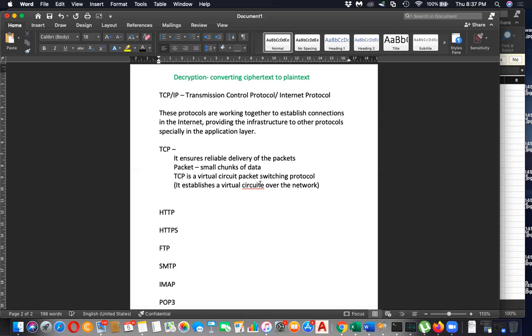In order to give you an idea of what a virtual circuit is, you know the bus routes, no? You have bus routes like 101, 100 and 400. These bus routes are never marked on the road. That is virtual.